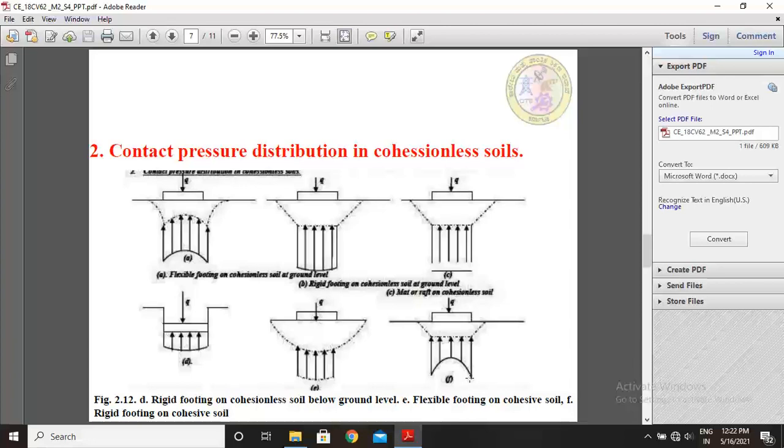In a cohesionless soil, the modulus of elasticity increases with depth due to an increase in confining pressure. Such soils are non-homogeneous.